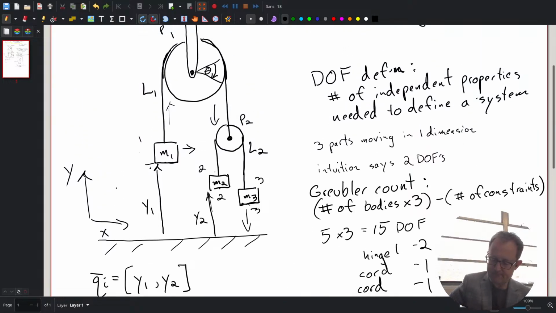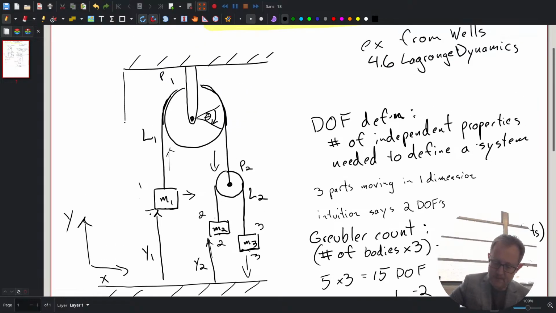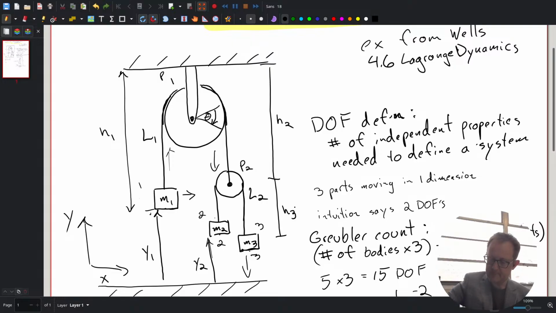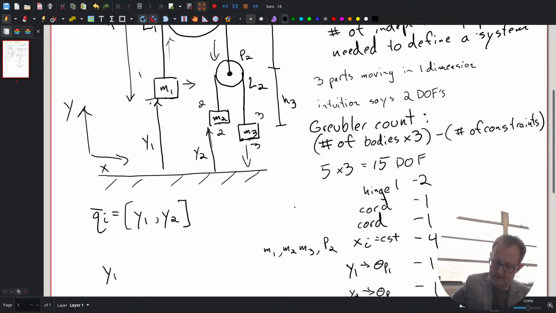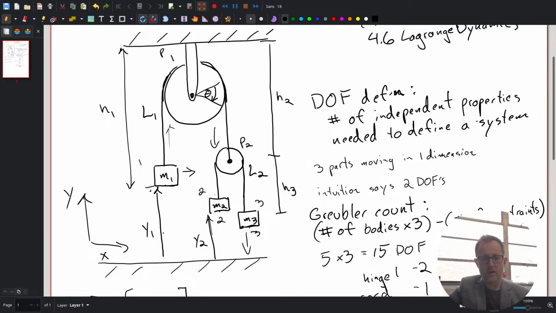All right, we'll do this. So if we have the same things defined, we could say that y1 plus h1 is a constant, because the distance from the ceiling to the floor is not changing when I move the position of y1.